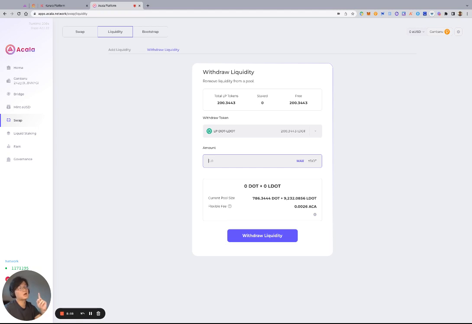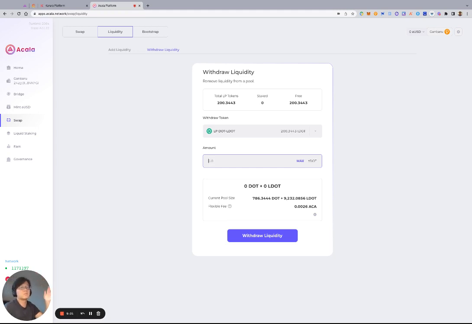The first part, tDOT aggregates the underlying yield from LDOT. Because remember, tDOT is made up of DOT and LDOT, and LDOT has staking yield. So we are rolling up a portion of the staking yield into tDOT.